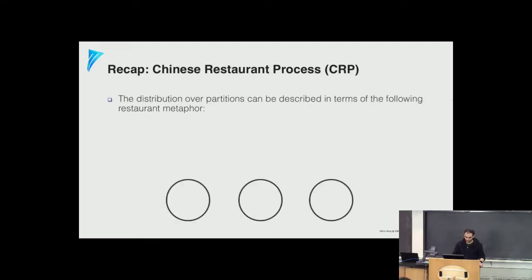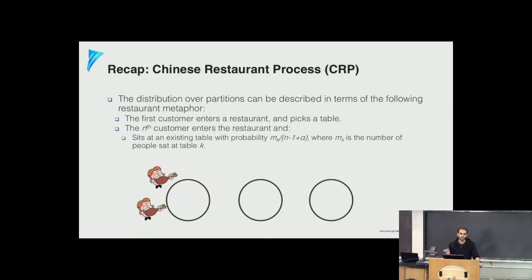The intuition, or the metaphor, is the so-called Chinese restaurant process, where we have a restaurant and a bunch of incoming customers, which are our data points. The customer that comes into a restaurant picks a table. The next customer comes in and picks either a table that was already occupied or maybe a new table.